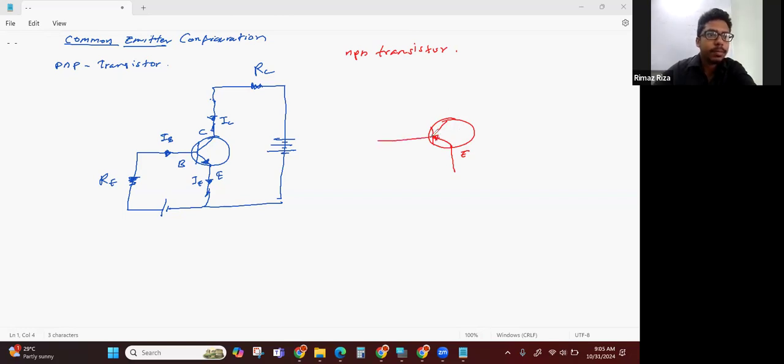And here the base, and BE junction should be forward bias. PN. So BE should be forward bias. And then this junction should be reverse bias.